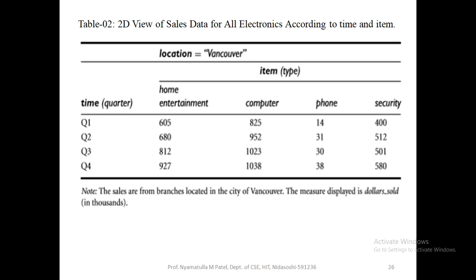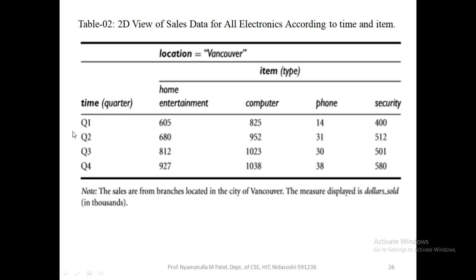So this is a 2D view of sales data. The time we have taken is the 4 quarters of a year; each quarter includes 3 months. And the different types of electronic items are home entertainment, computer, phone, and security related items.